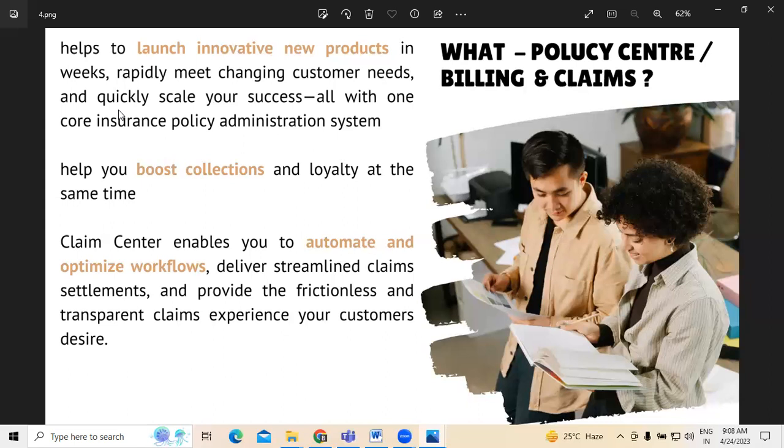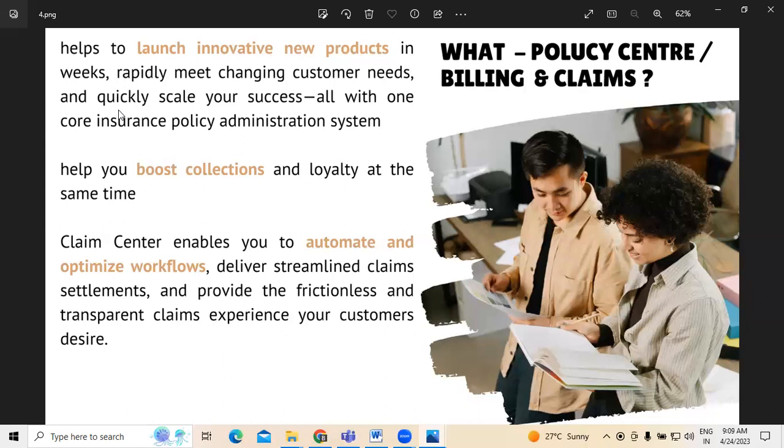Followed by this, ClaimCenter enables us to automate and optimize workflows, not only the workflow process of claims, submissions, and claim adjudications, but also delivering streamlined claim settlements, because insurance people receive claims and have to settle them based on the inputs received from the service provider.